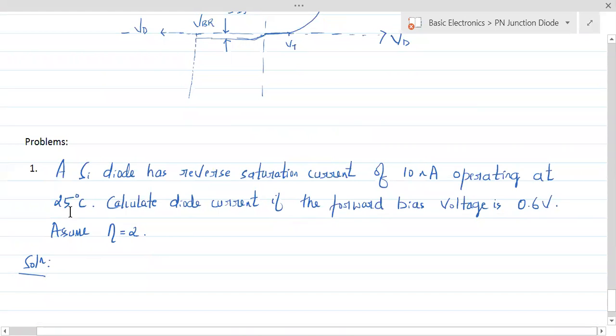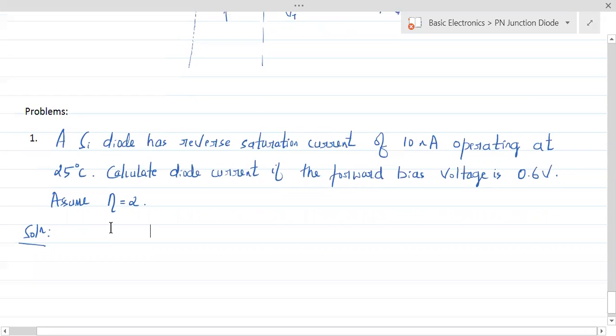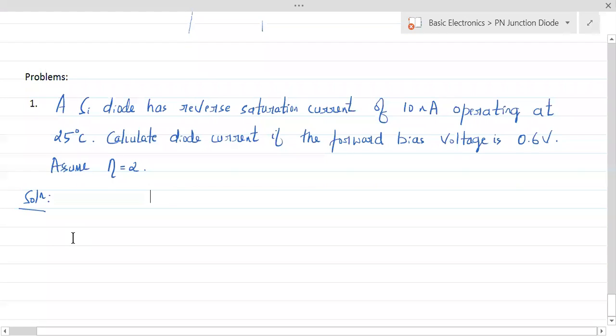This operating temperature needs to be expressed in degree Kelvin, but it is given in degree Celsius. Then the forward bias voltage applied is 0.6 volts, and we are asked to assume eta to be 2. For a silicon diode, eta is 2 anyway, but it's an advantage that they have given us this. Fine, let's go on with this.